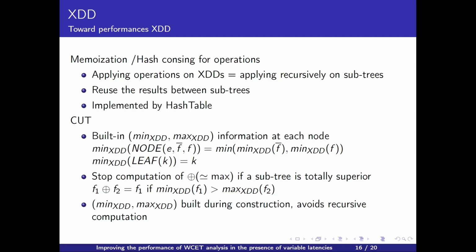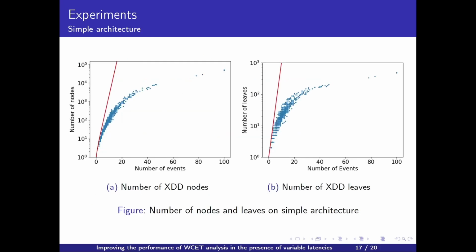However, the performance of XDD depends mainly on its size. In other words, whether the execution in the pipeline allows XDD to reduce its size or not. So, we have experimented with XDD using the Otawa toolbox on the Malardalen benchmark set to see if the reduction is empirically effective. These figures show the number of nodes and leaves of XDD in logarithmic scale with respect to the number of events on a simple in-order execution processor.